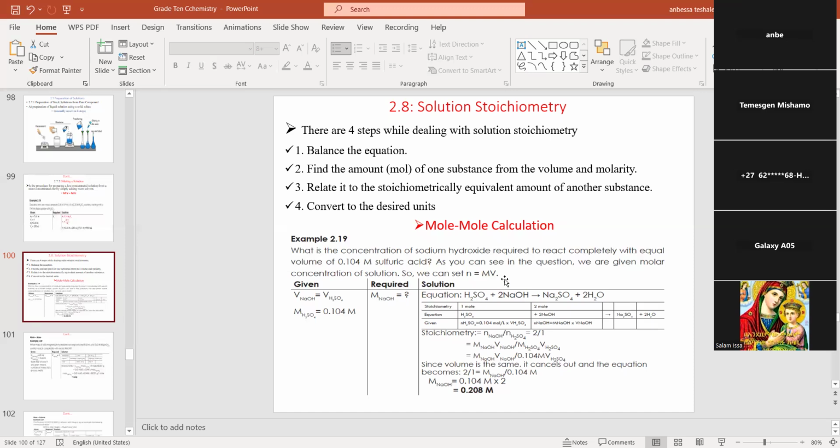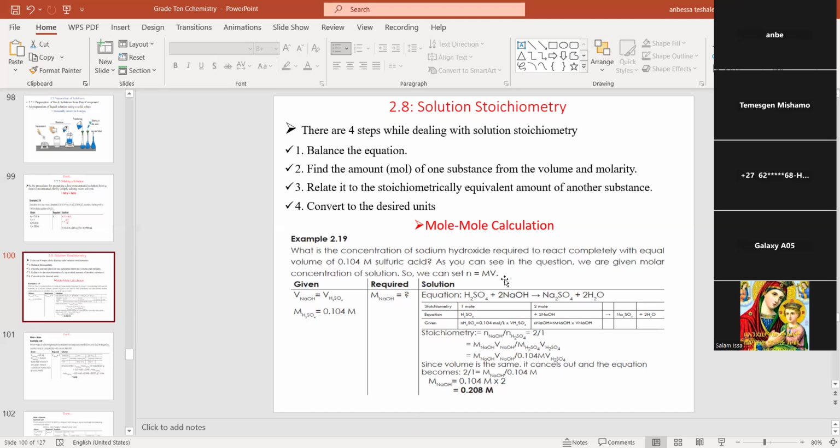Assume that the volumes of the two substances reacting, sulfuric acid and sodium hydroxide, are the same, as stated. So molarity of sodium hydroxide times volume of sodium hydroxide is equal to molarity of sulfuric acid times volume of sulfuric acid.